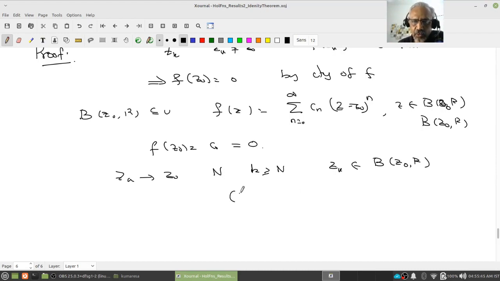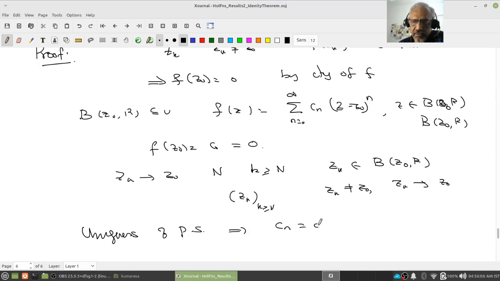Therefore, I have a sequence zk, k greater than or equal to n, and these zk are all different from z0, and it converges to z0. Right? Therefore, by the uniqueness of power series, we know that all my cn's are 0 by the last result. Okay, just make sure you understand this.